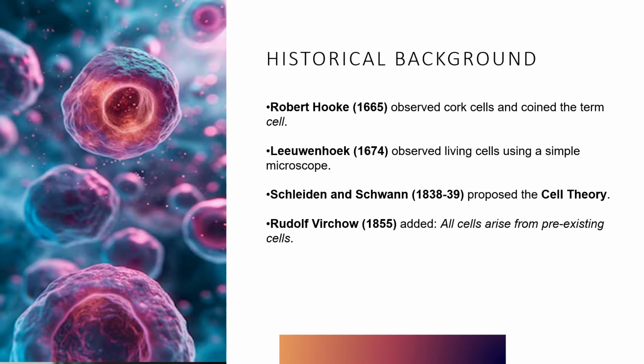Later, Anton van Leeuwenhoek in 1674 improved the microscope lenses and observed living cells like bacteria and red blood cells. He called them animal cells. Schleiden and Schwann in 1838 to 39 proposed the cell theory. Rudolf Virchow in 1855 added all cells arise from pre-existing cells.